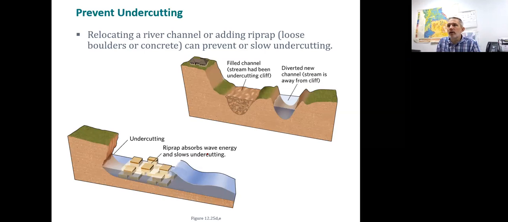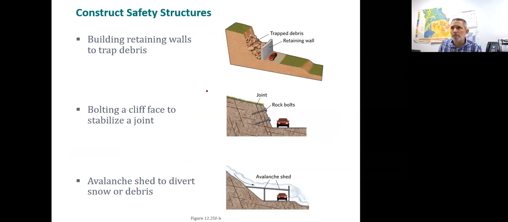Maybe preventing some undercutting, putting in some riprap or broken up bits of rock, which would stop some of this wave action from undercutting this material, or filling in some channels. In this case, they diverted a river to not start cutting away at this bluff, and the rerouted river here is not going to cause some of this undercutting in this area.